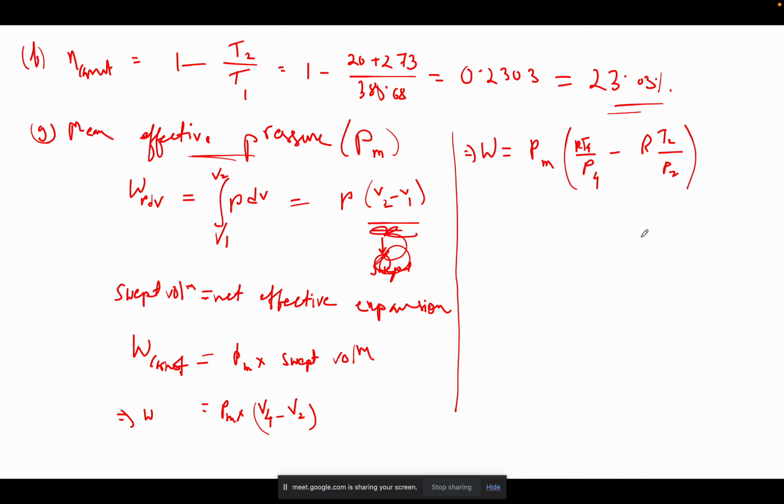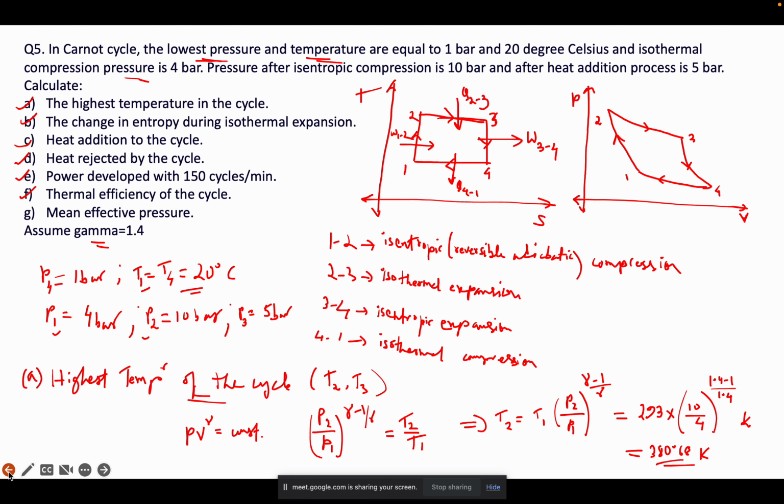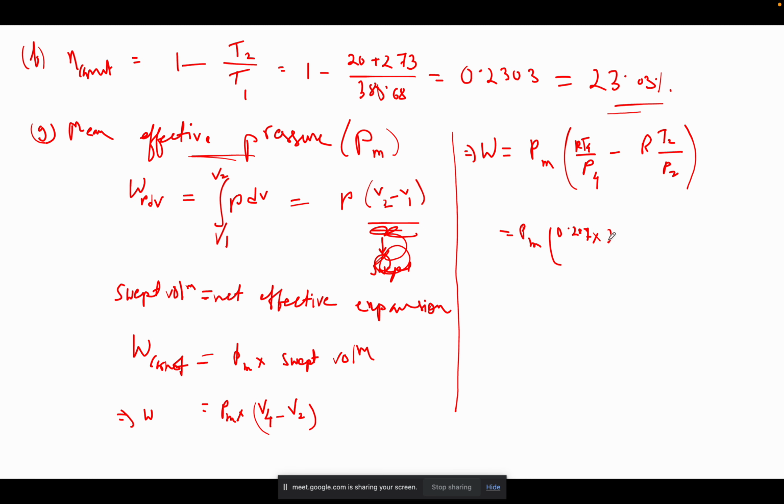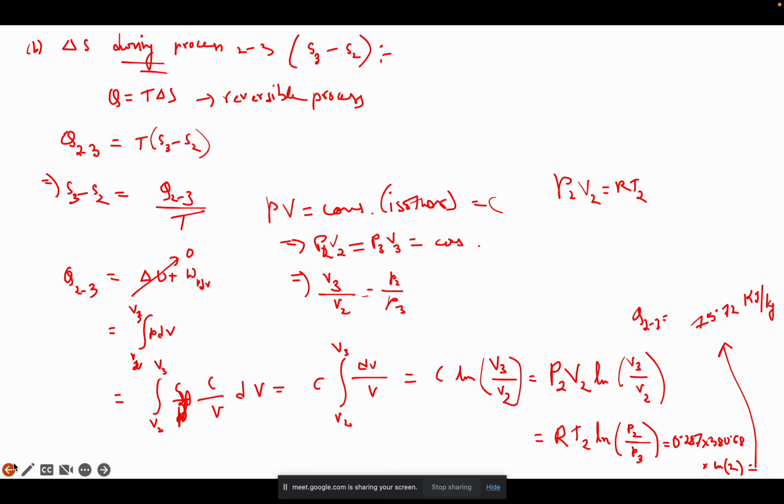Now PM, R is 0.287, T4 and T1 are the same, 293. Remember this is kilojoule per kg Kelvin, and P4 is given in bar, so you have to convert bar into kilopascal.